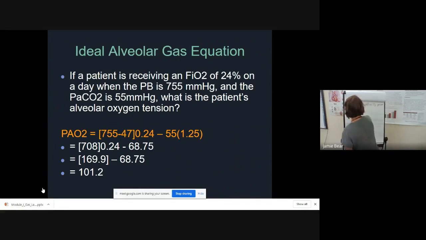Okay, so it's barometric pressure, 755 millimeters of mercury, minus our water vapor pressure. If we're talking about inside our alveoli, that's always going to be at body temperature. So at 37 degrees, which is body temperature, our water vapor pressure is always going to be 47.